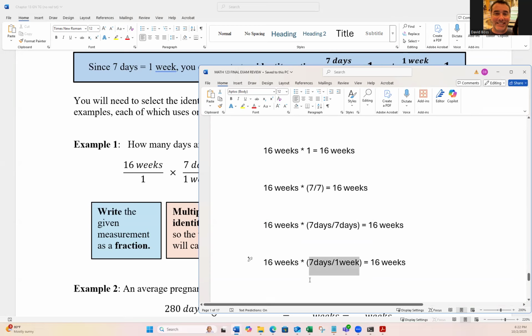So even though one is weeks and one is days, they're equivalent. Dividing one by the other equals 1.